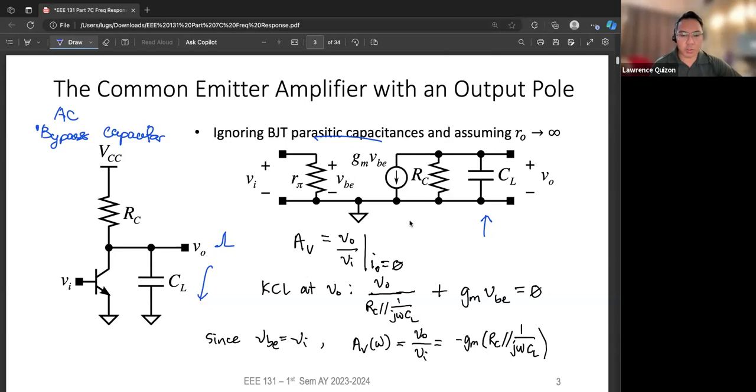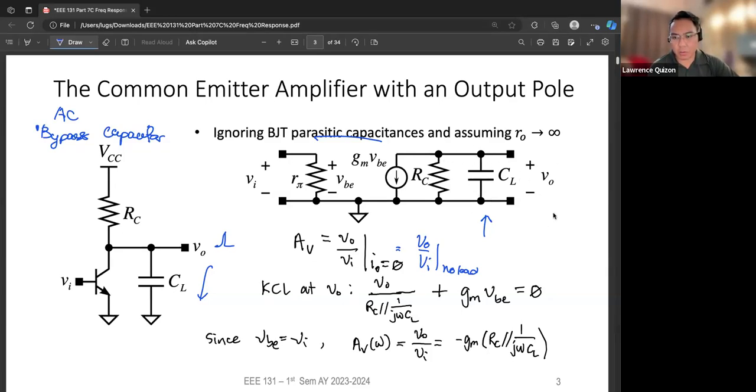So in order to solve for the two-port voltage gain, we need V out over V in at no load. We use I out equals 0 because if we use V out equals 0, then we wouldn't be able to calculate anything. To do this, we just do KCL at V out.